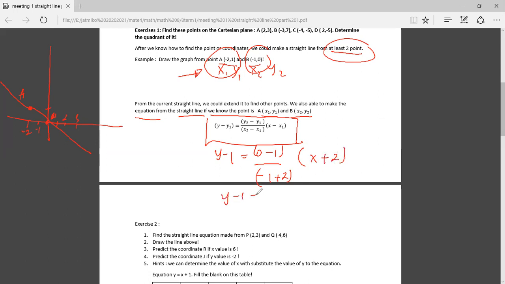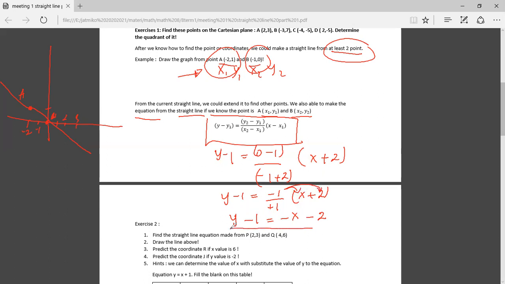So y minus 1 equals -1 over 1 here, and then x plus 2. If you want to continue like this, -x, -2, because we want to multiply like this.